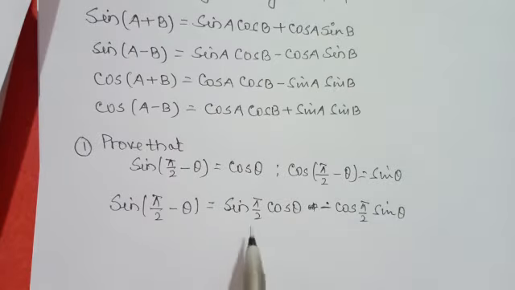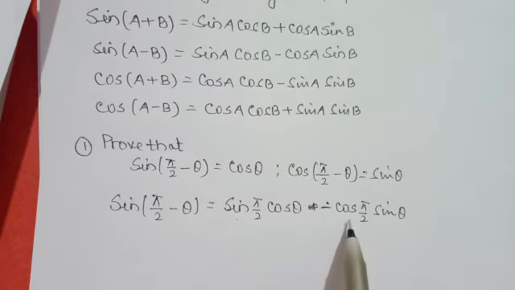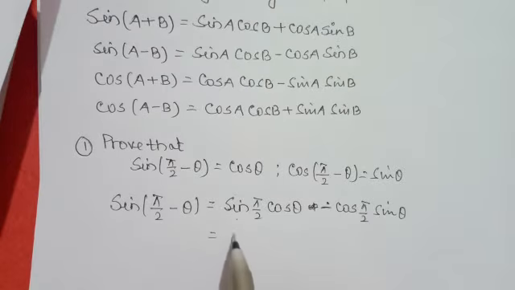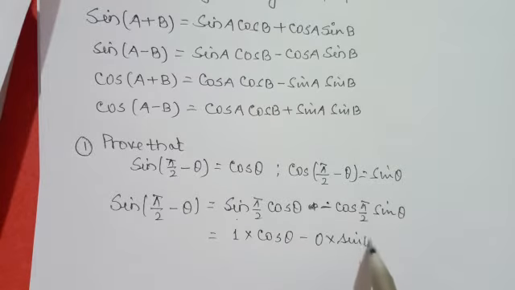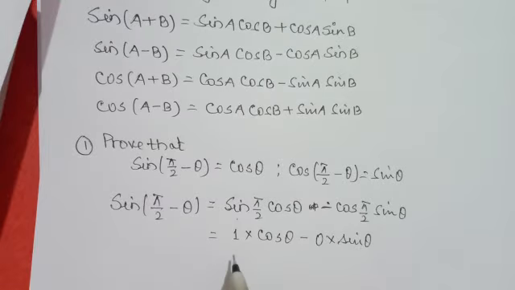You know, sine pi by 2 means sine 90 degrees, which is 1, and cos pi by 2 is 0. So write down their values: 1 into cos theta minus 0 into sine theta. 0 multiplied by sine theta is 0, 1 multiplied by cos theta is cos theta, so it should be cos theta.